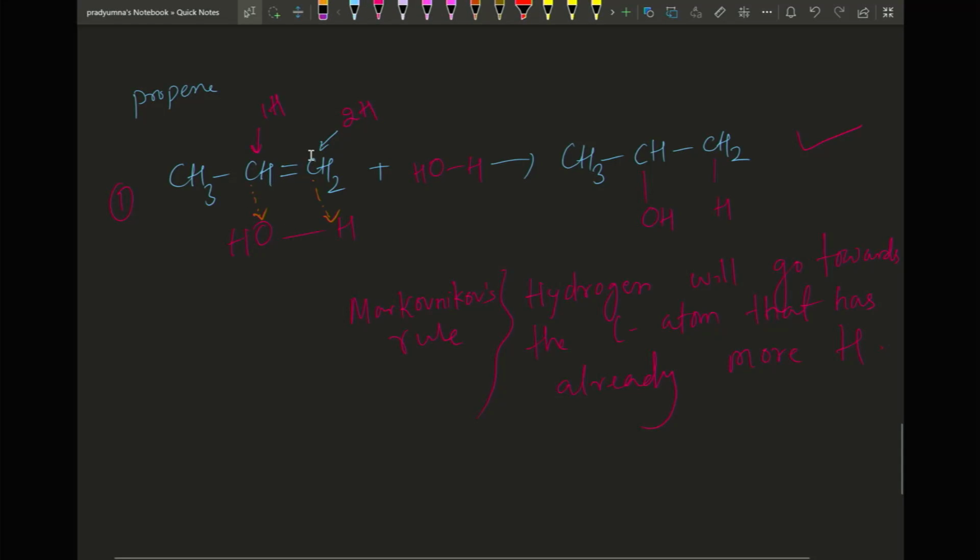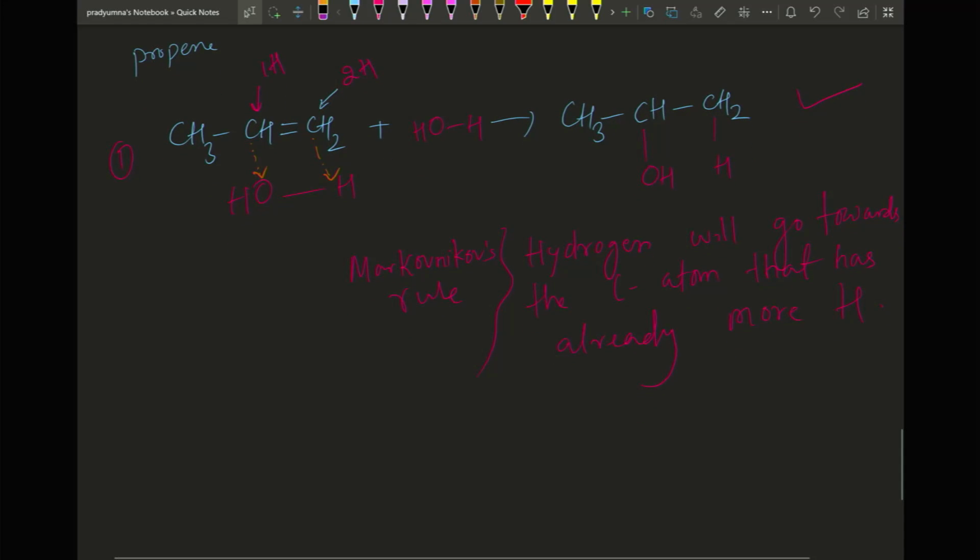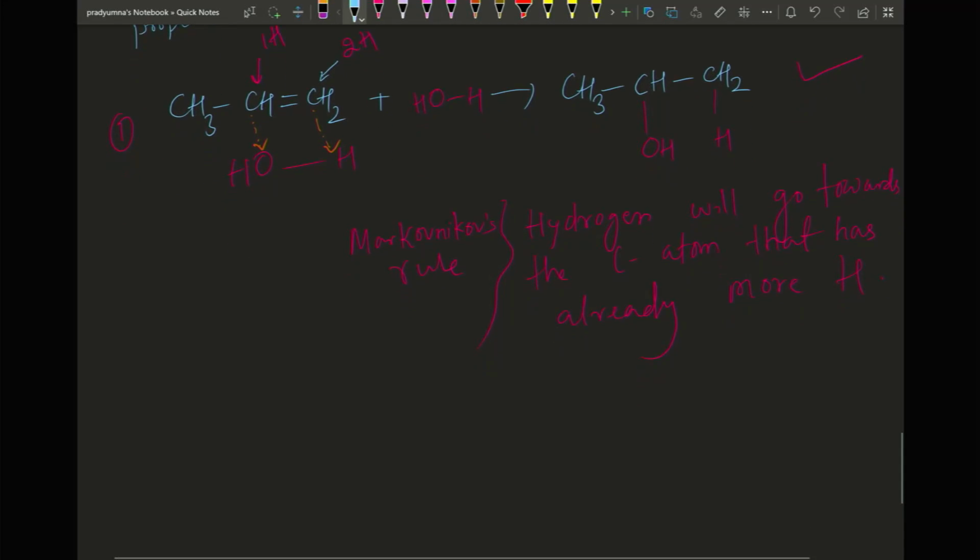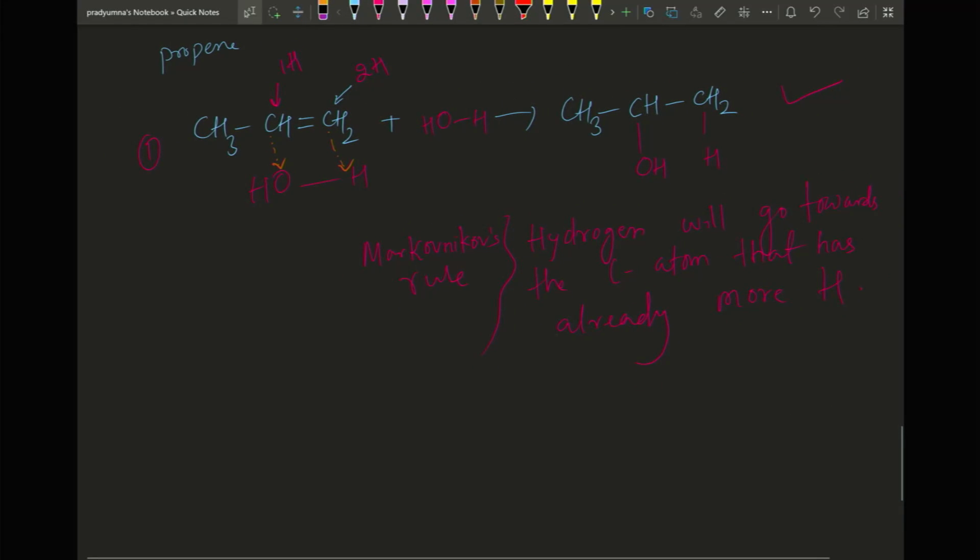So the carbon atom that has 2 hydrogens would get even more hydrogens. So that one is gonna get more hydrogens, and obviously the other side would be OH. So that's how I remembered it when I was in school. In the world of capitalism, the rich always get richer. This is a bad way to memorize, but that's okay.